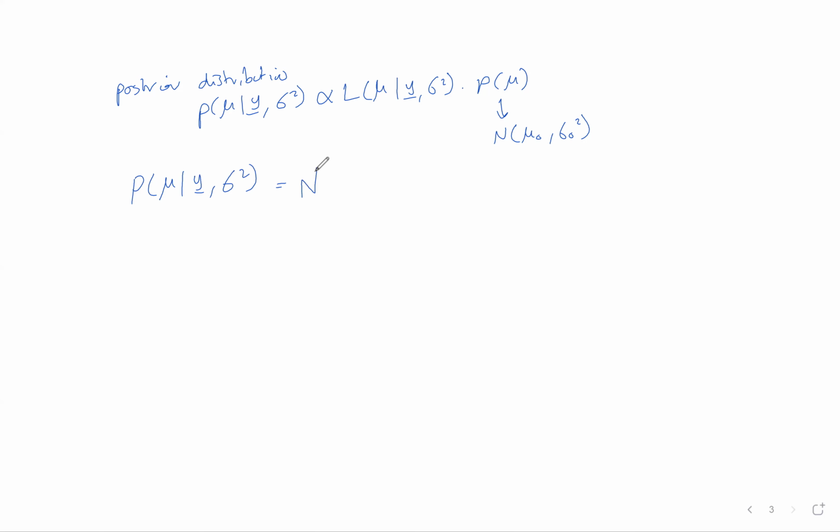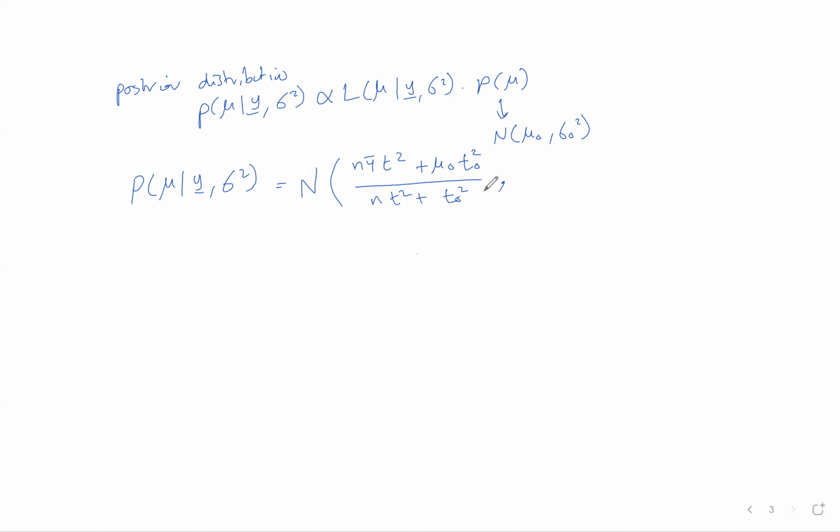because you used a conjugate prior. The posterior will be normal with mean n y bar tau square plus mu 0 tau 0 square divided by n tau square plus tau 0 square.